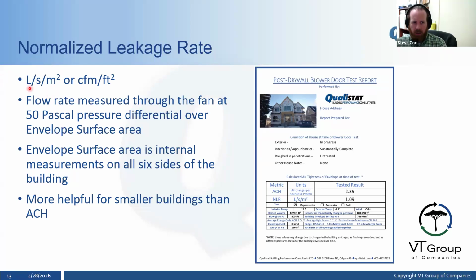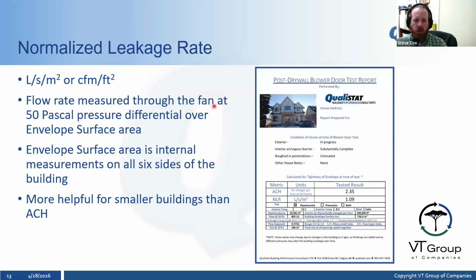And as you can well imagine, liters per second per square meter is going to give us a lot different number for the same leakage rate compared to cubic feet per minute per square foot, right? The ratio there is not comparable at all. So on our reports, we're going with liters per second per square meter to try and embrace this as a possible air leakage metric to use on buildings going forward.